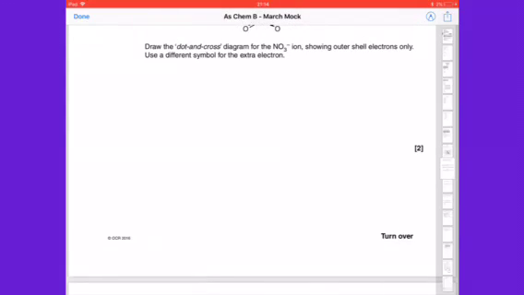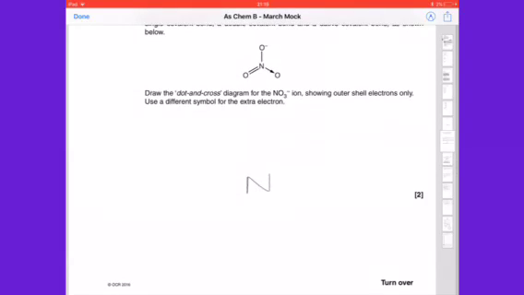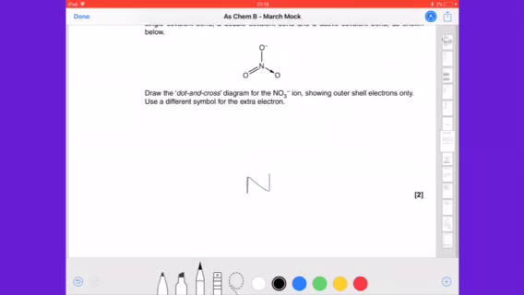Moving on to the dot cross diagram. Now, this here was a broken question on a couple of people's exams, but if it wasn't and you did this question, then the way it should look is you should have your nitrogen atom in the centre, and it has, as you can see from the diagram above, a covalent bond to O- at the top.